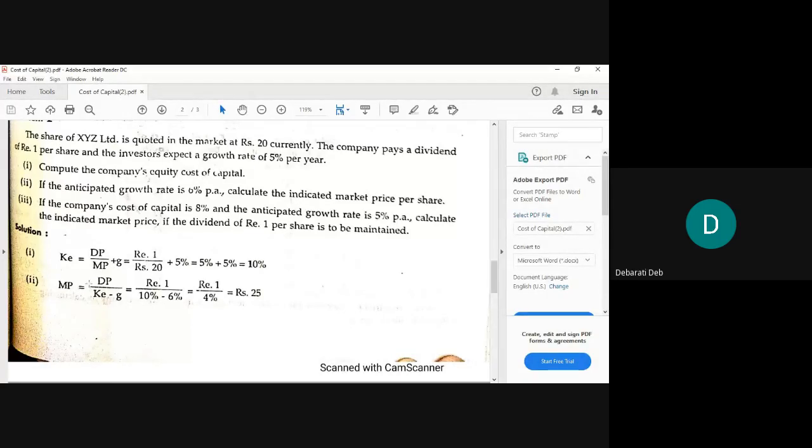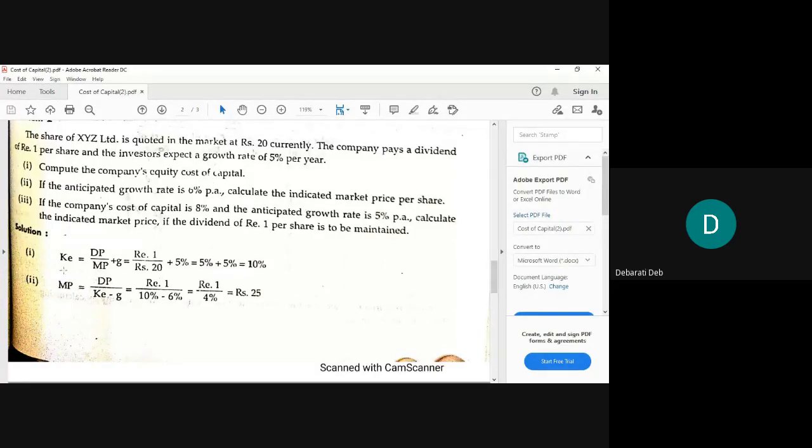This KE you have calculated in number 1, right? If you know the KE and the growth rate and the dP, then you are asked to calculate the indicated market price per share. So what will you do? You will first change this formula and keep MP on the left hand side and then solve for it. All of you listen to me carefully.